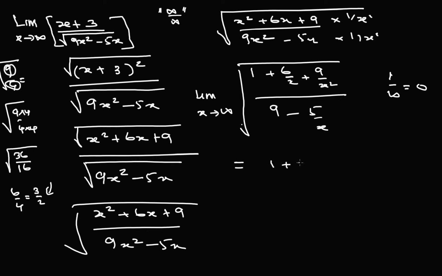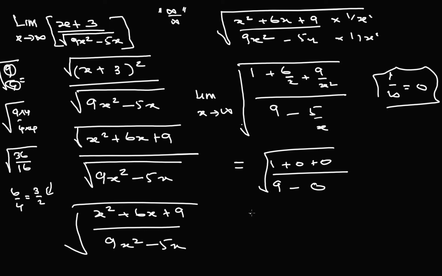So we'll have 1 plus 0 plus 0 divided by 9 plus 9 minus 0, based on the same assumption. So now this one will be 1 over 9 square root. So eventually we find that the limit is going to be 1 over 3. Okay, so that'll be as simple as that.